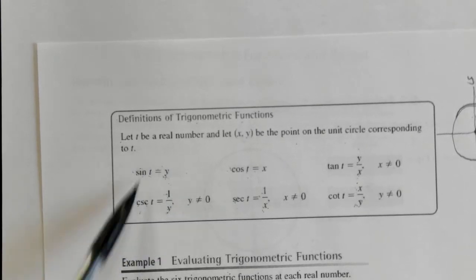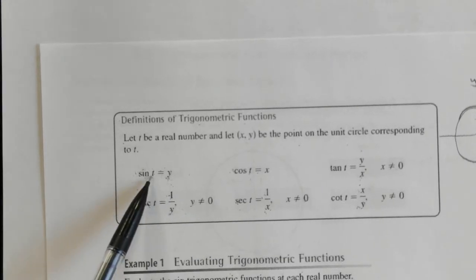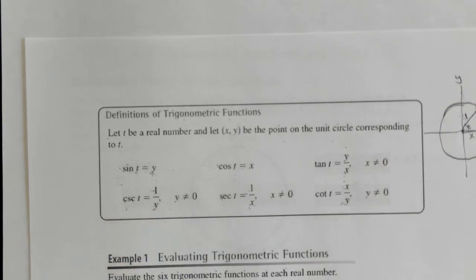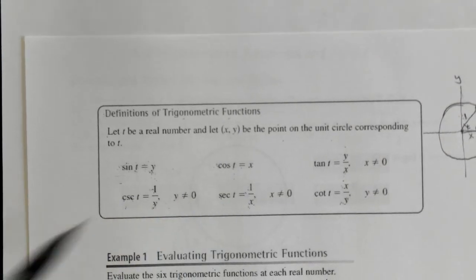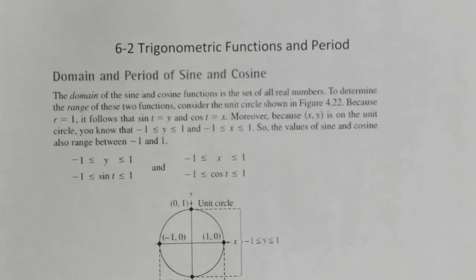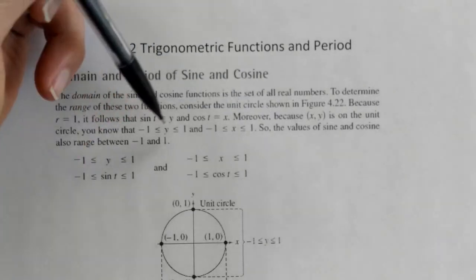There's no limit to the number of times you can go around the circle. So the value that you plug in for the domain can get as big as you want it to get, or as small as you want it, or as negative as you want it to get as well. So there's no restrictions on the domain for what you can put in for the sine and cosine functions.